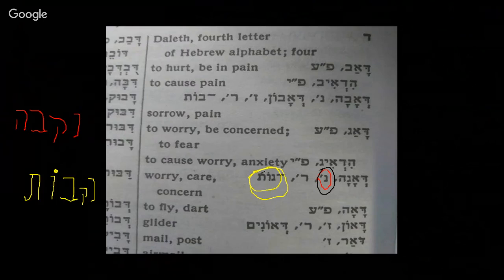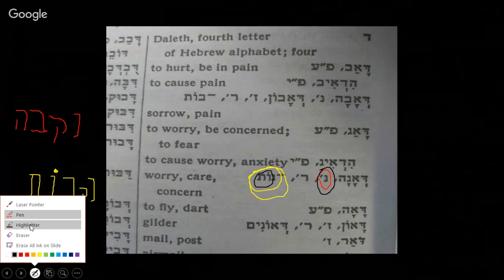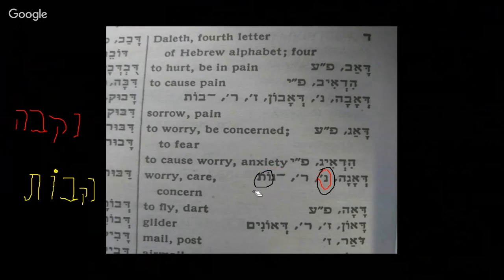With the black there, that ot sound, brothers and sisters, is showing Nequabot. So if Nequeba means female, Nequabot means feminine. Are there any questions concerning what we just went over? Nequeba means female. Nequabot means females or feminine.